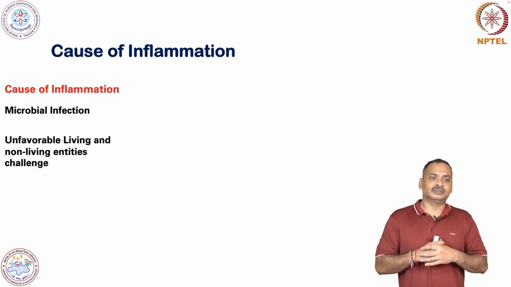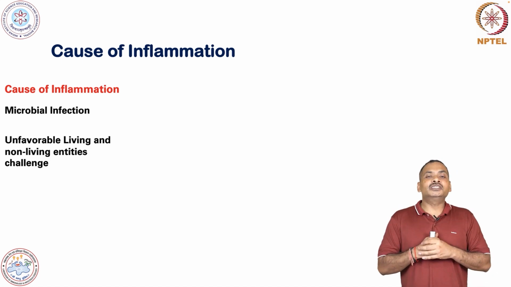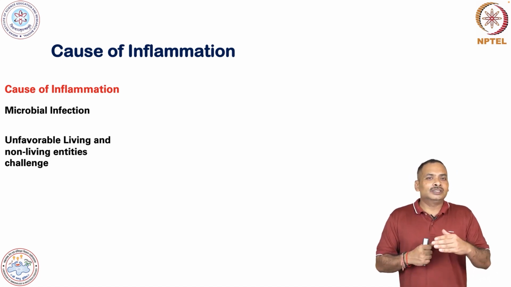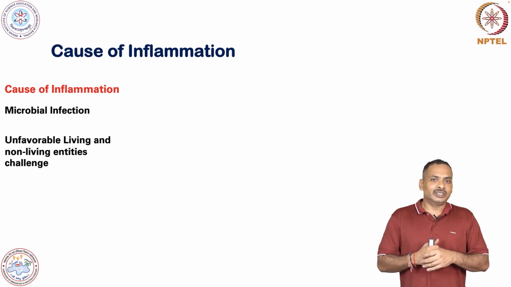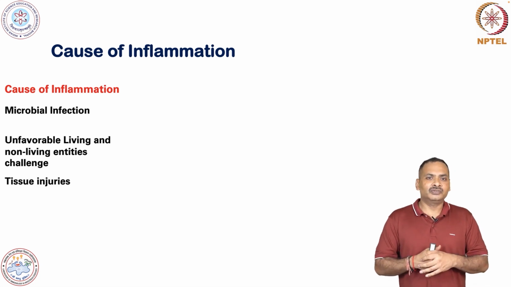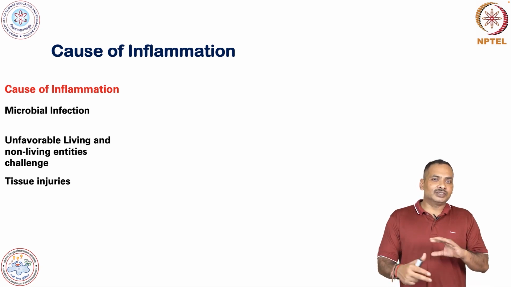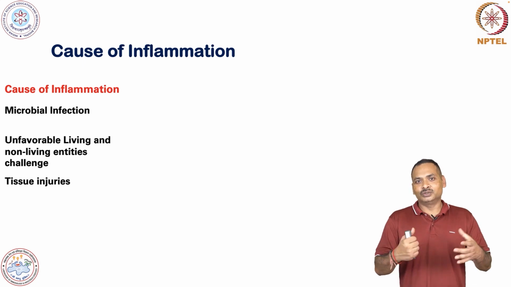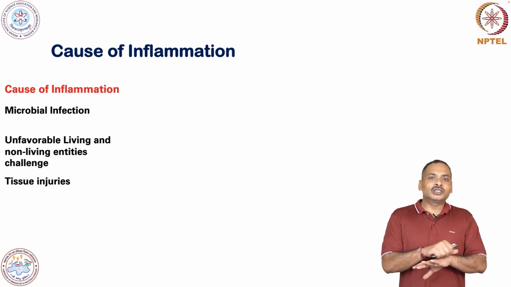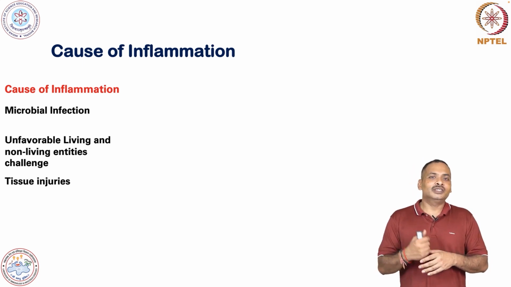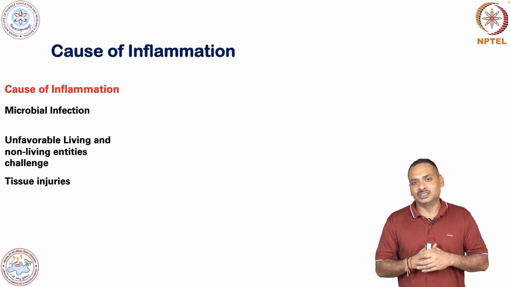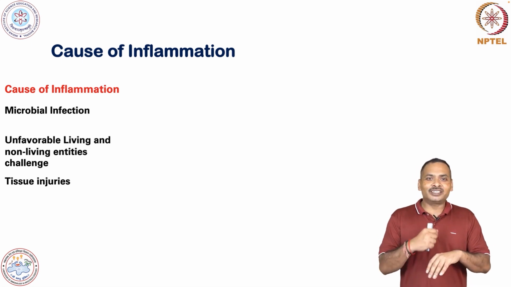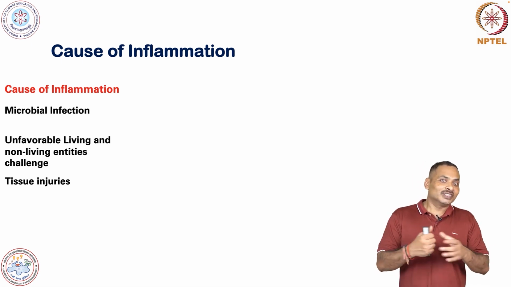So if the host is challenged by these living or non-living entities, that will also cause inflammation. Tissue injury is one very common cause. For example, you take your hand in a perfectly clean condition, sterilized with 70% ethanol, which people know these days is used for sterilization, and you clean a blade with 70% ethanol too. Now the whole system is clean, and if you make a cut, that will also cause inflammation.